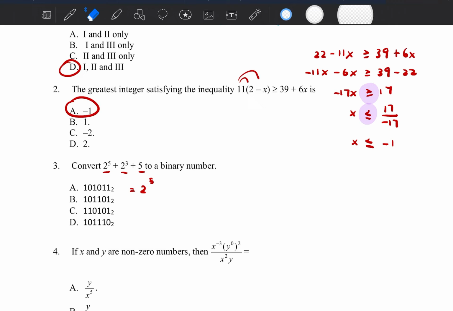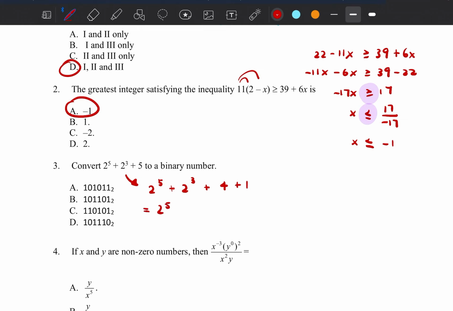Here you can see that there's a 5, and some of you say 5 is not 2 to the power of something, but the 5 you can write as 4 plus 1. Then it will be 2 to the power of 2, and then 2 to the power of 0, because 2 to the power of 0 is 1.